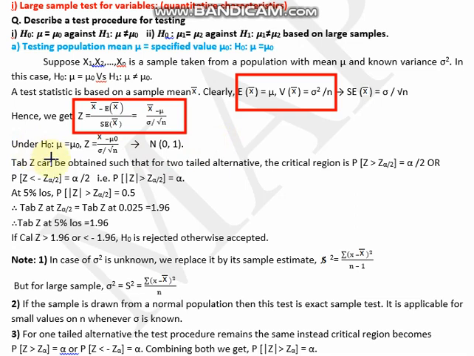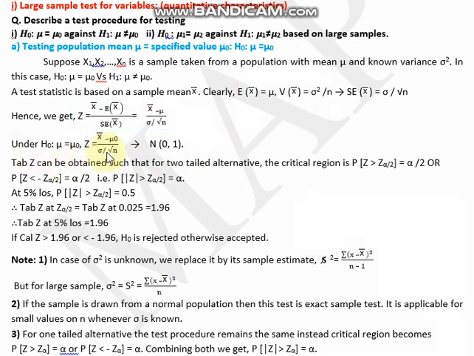And under H naught, my H naught is mu equal to mu naught. So now my test statistic becomes z equal to x bar minus mu naught divided by sigma upon root n, which follows normal 0, 1.